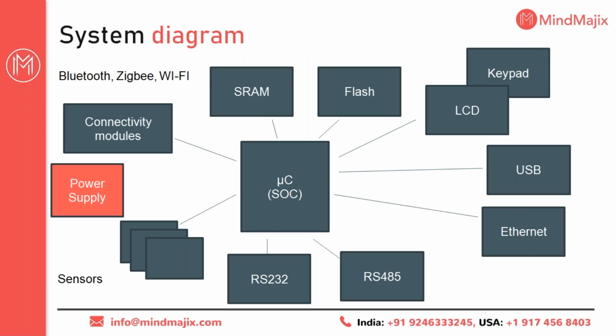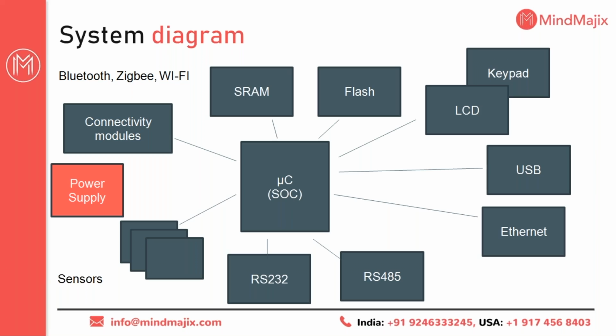A typical system block diagram looks like this, with a microcontroller at the center as the main brain of the entire computing element. It may require additional SRAM and flash outside the microcontroller. A typical microcontroller has inbuilt SRAM and flash, but some designs may need additional SRAM and flash, which will be interfaced to the microcontroller.